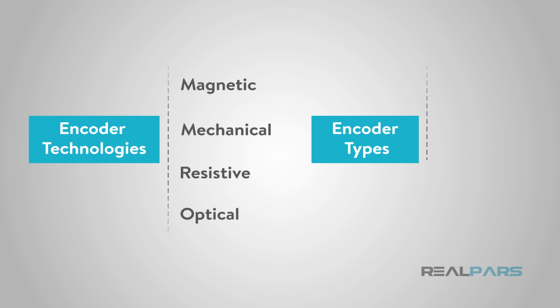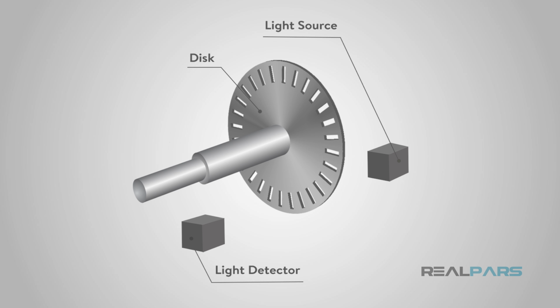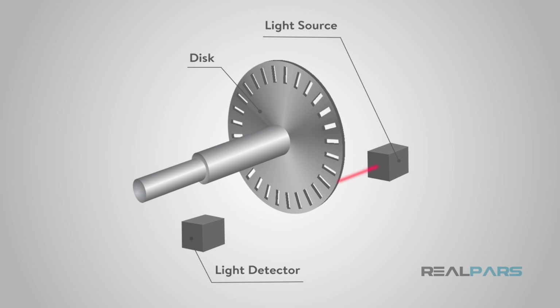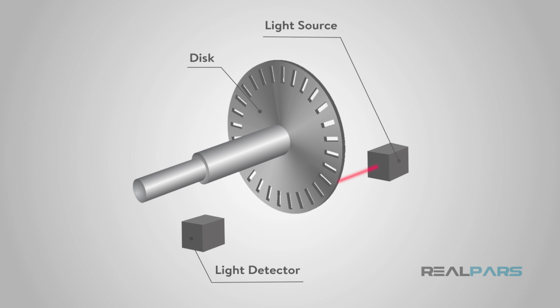There are different types of encoders, such as absolute and incremental. We will describe those in greater detail in a future lesson. But for now, an example of an incremental optical type encoder uses a beam of light that passes through a disk that has opaque lines in a specific pattern, somewhat like the spokes of a wheel.